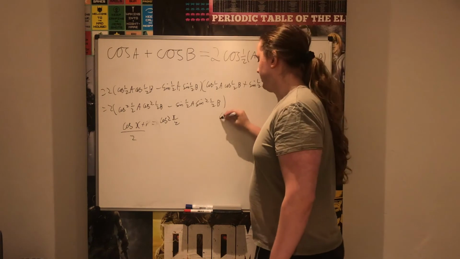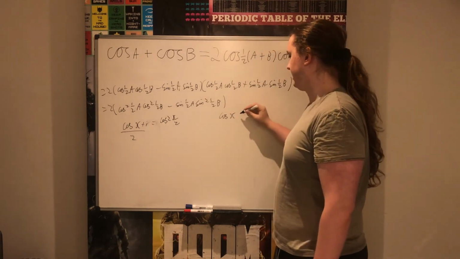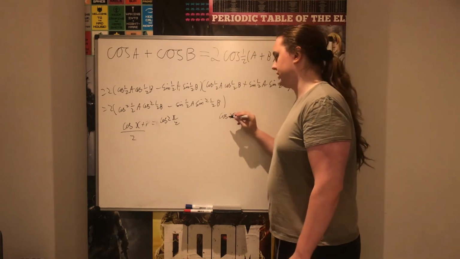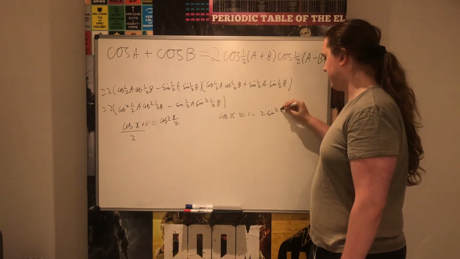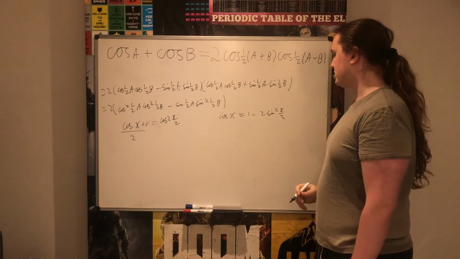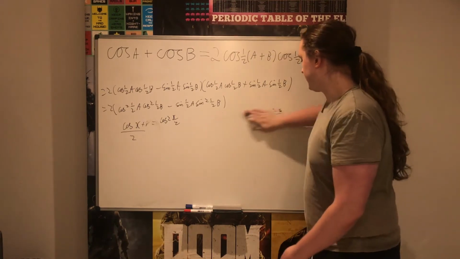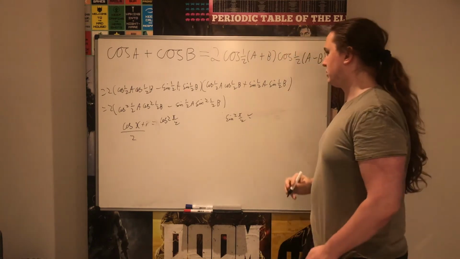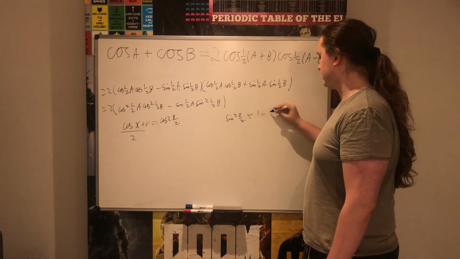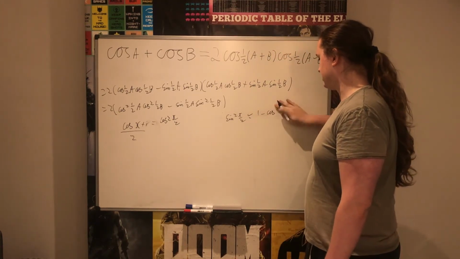And we also know that cos of x equals 1 minus 2 sine squared x over 2. And so rearranging, we get that sine squared x over 2 equals 1 minus cos x over 2.